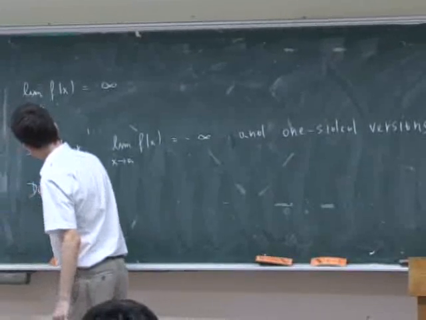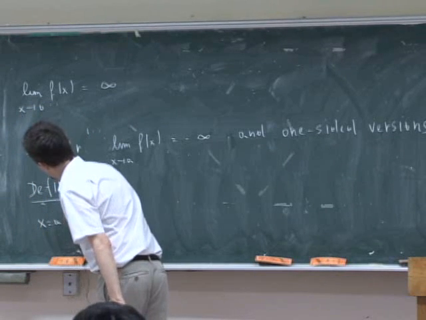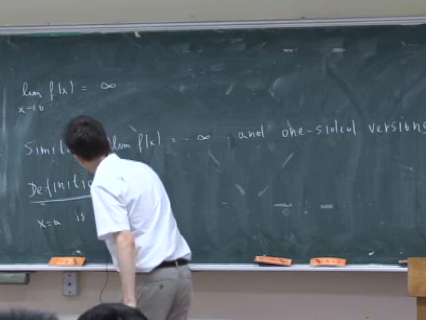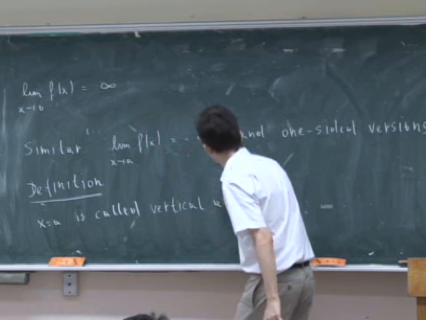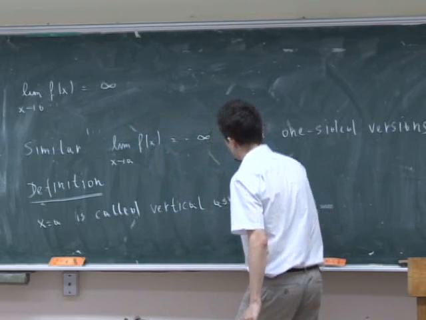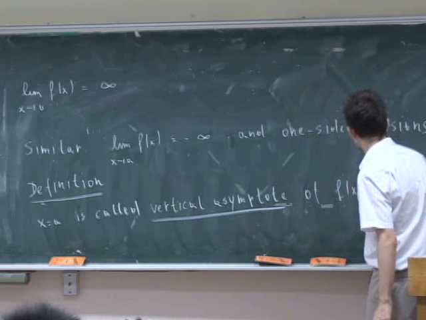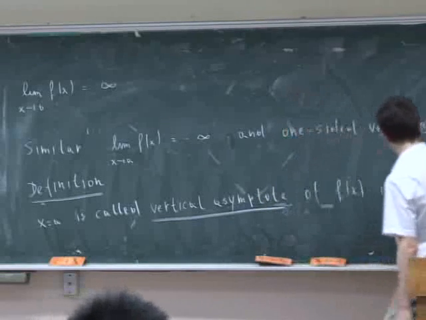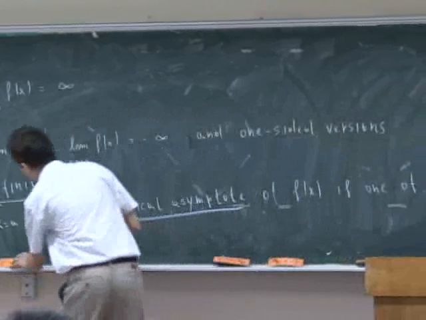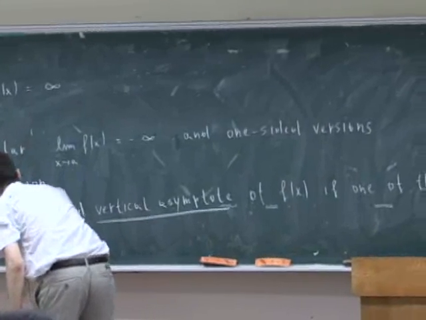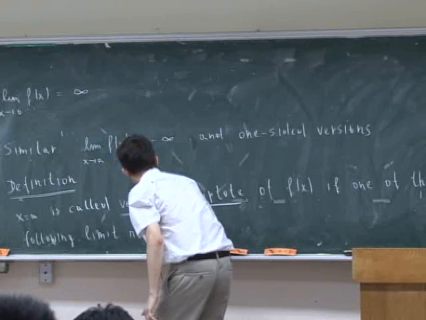So, x is equal to a is called a vertical asymptote of f of x if, this is terminology, one of the following limit relations holds.